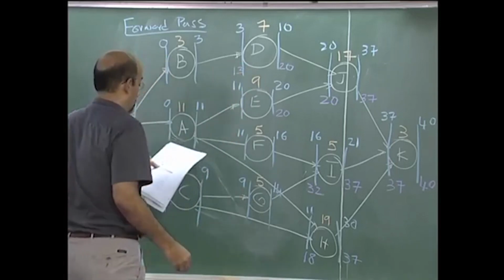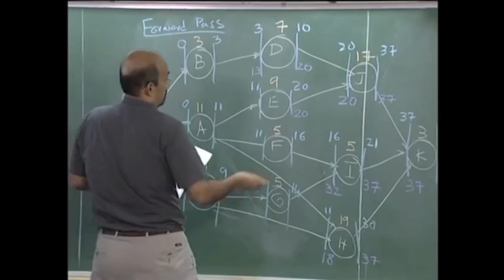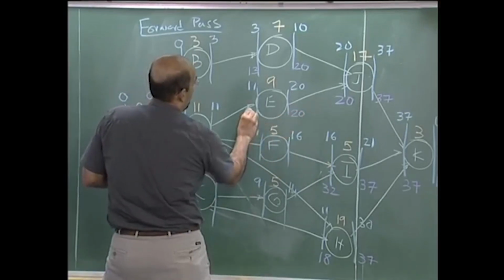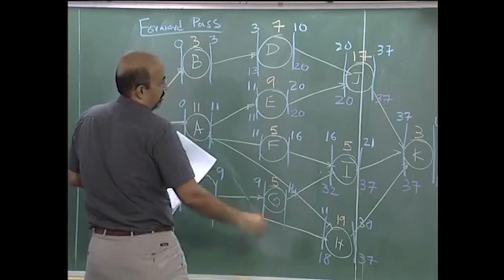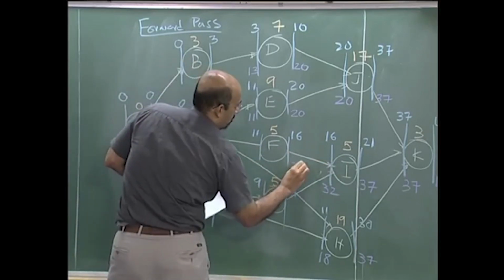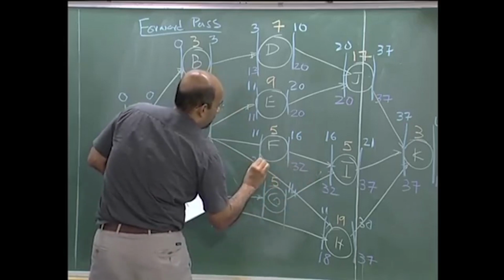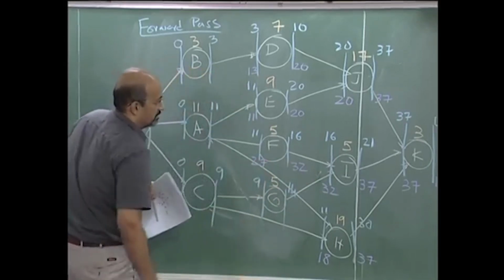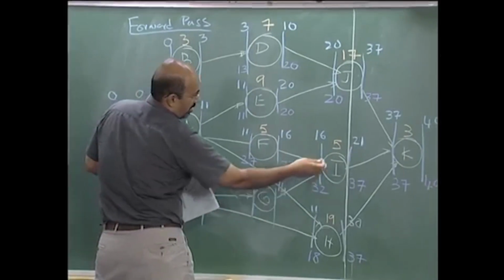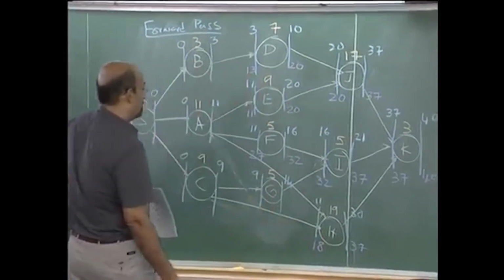Okay, so E is 20 and 11. We come now to F, 32 to 27. G, now G has two successors, I'm sorry, not G, that was this.